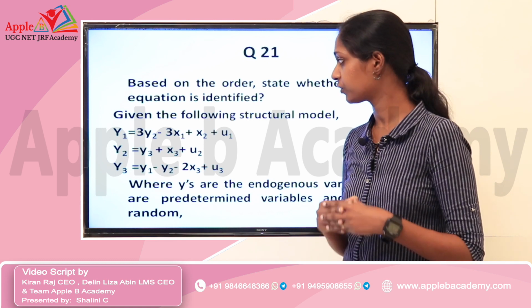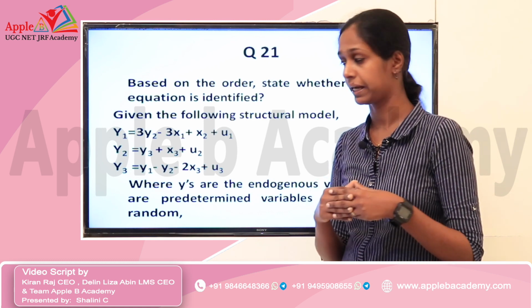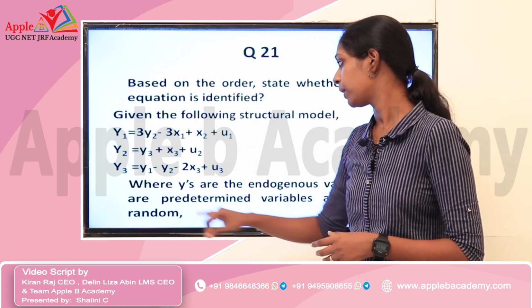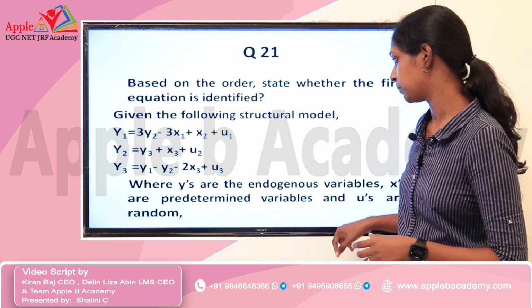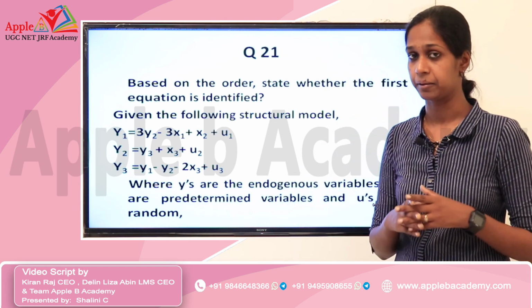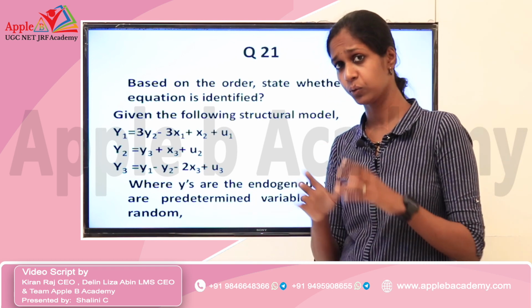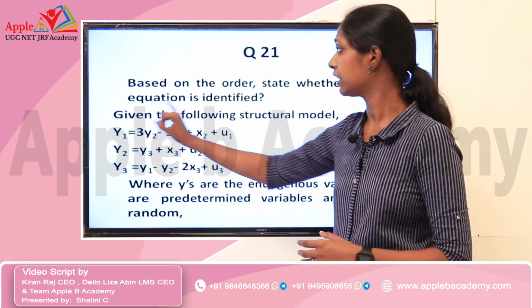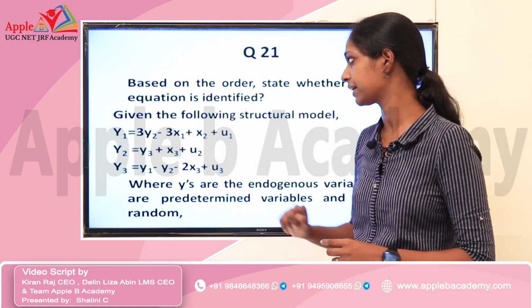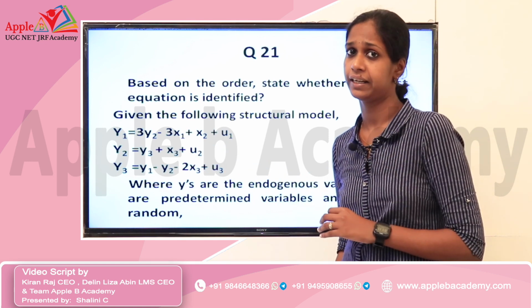We have y3 is equal to y1 minus y2 minus 2x3 plus u3, where y's are the endogenous variables, x are the predetermined variables, and u are random. So using this, we need to say if the first equation y1 equal to 3y2 minus 3x1 plus x2 plus u1 is identified or not.